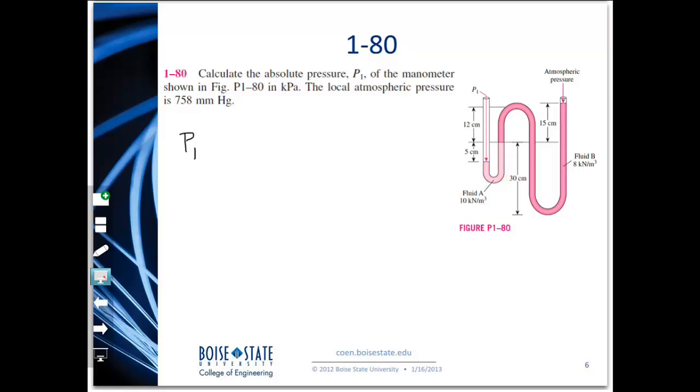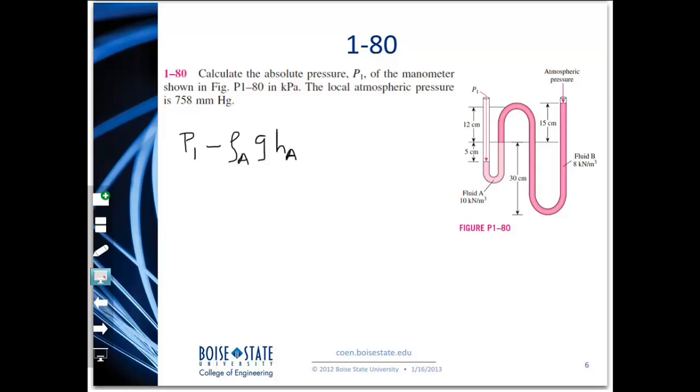The convention is whenever you are calculating the pressure depth variation, if you're going up along the tube, you should have a negative sign. So it will be minus rho A, density of the fluid, times g times HA, which is this height here, 5 centimeters.